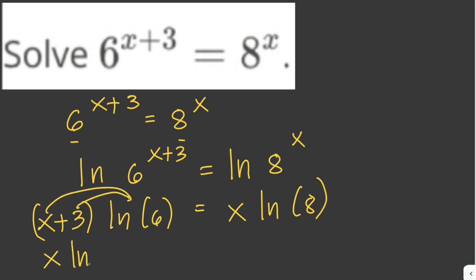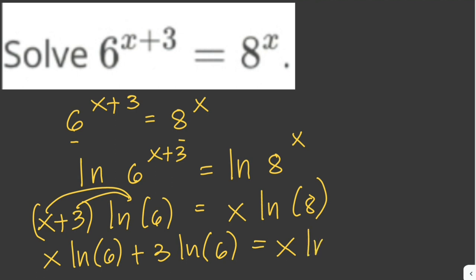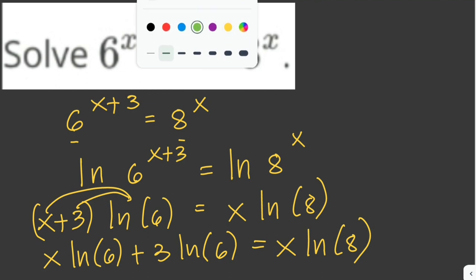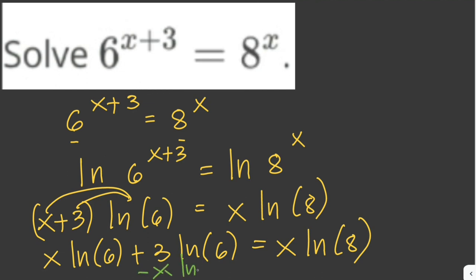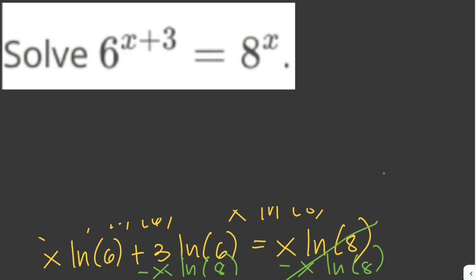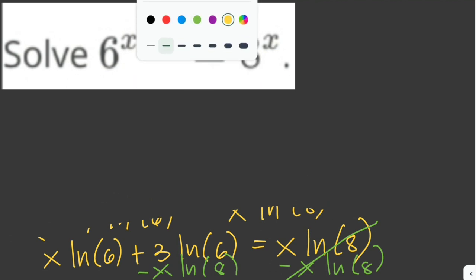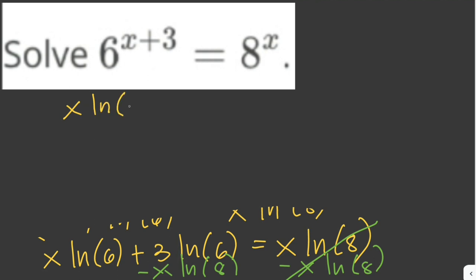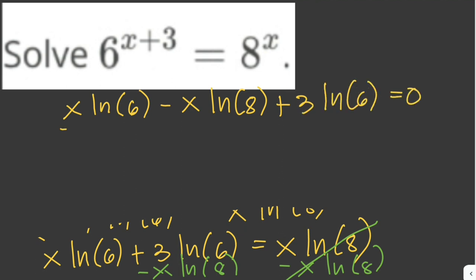Then we distribute just like the previous problem. So this is just x ln of 6 plus 3 ln of 6 equals x ln of 8. And then we group like terms. We can subtract x ln of 8 from both sides. Then we have x ln of 6 minus x ln of 8 plus 3 ln of 6 equals 0.